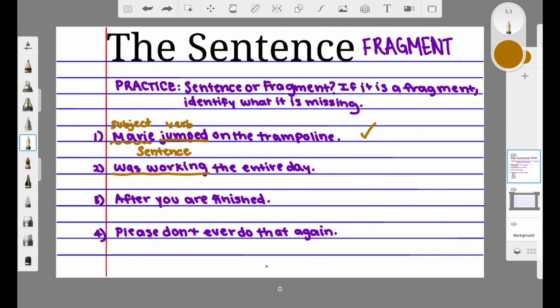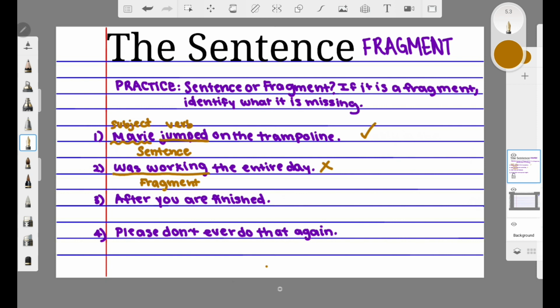It's not stated. We don't have both parts of a complete sentence. Fragment. Sentence fragment to be more exact. We can't just say was working the entire day because we don't know who was working the entire day and it's not understood or anything.